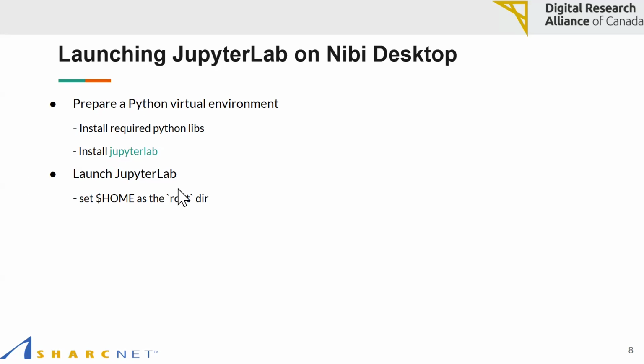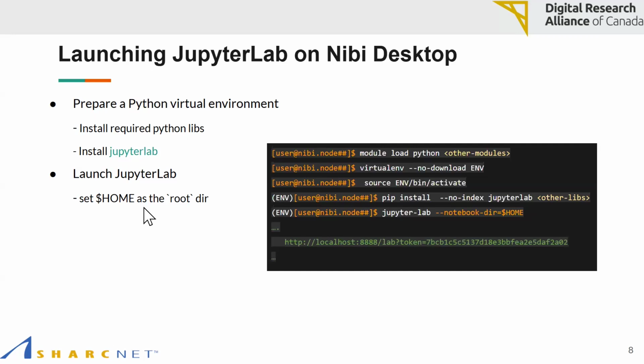Then to launch JupyterLab from that terminal window, we want to set the home directory as the root directory so you can find or access any files or folders in your account from JupyterLab. Okay, so here are the example steps.